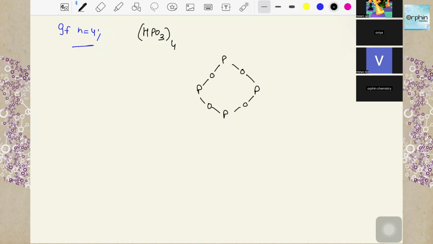Then always P double bond O, and with the remaining oxygen and hydrogen, make one OH with each phosphorus. And the name is tetrametaphosphoric acid. Have you understood? Have you made the same structure?